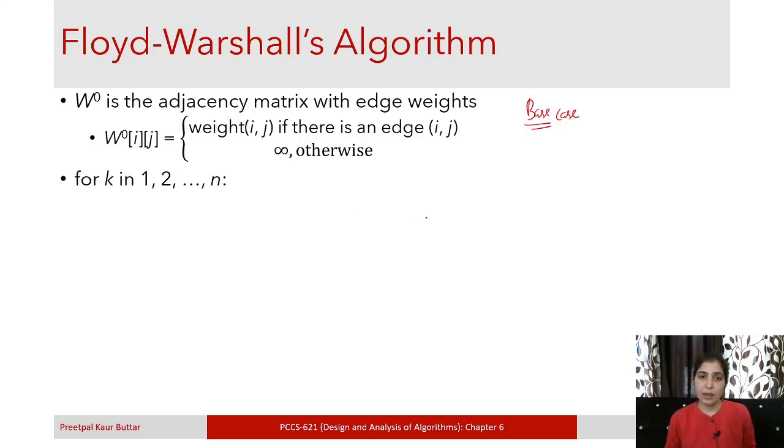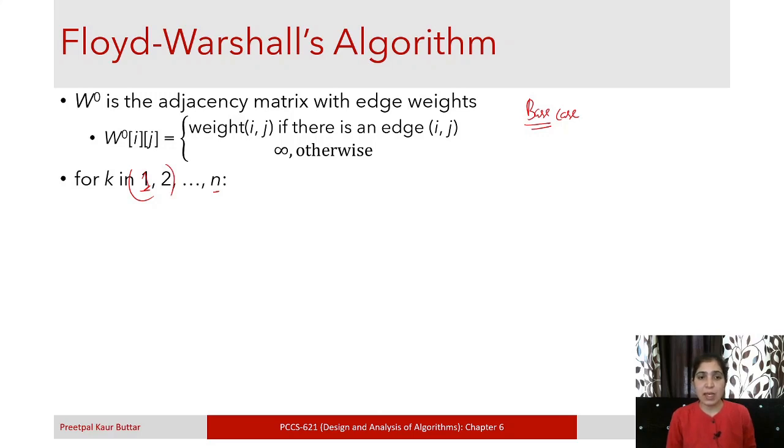Then, having solved the base case, we will solve the other problems recursively one by one. For k from 1 to n, we include all the vertices one by one. When k is 1, you are including the first vertex only. When k is 2, you are including the vertices from 1 to 2.